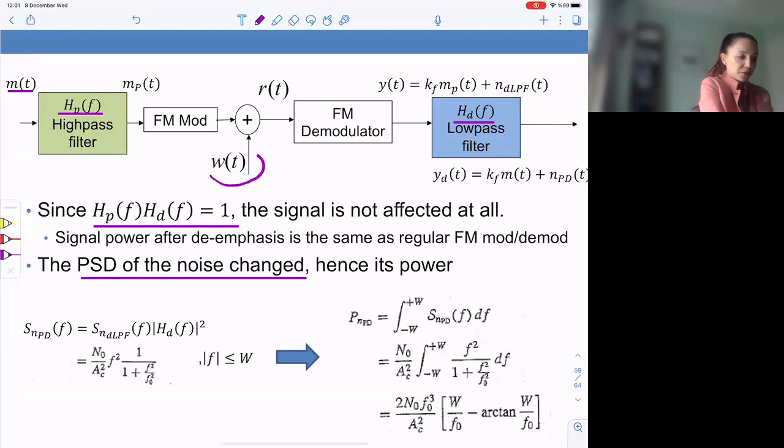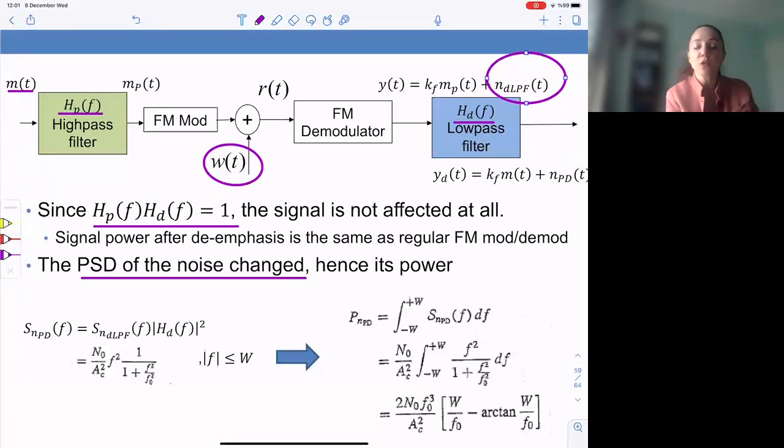This is the incoming noise, but at the end of the FM demodulator, as you know, we have this additive noise component, which was the result of our approximate analysis, valid under the high SNR regime, above threshold FM operation. That's the one that has the PSD that is quadratic.